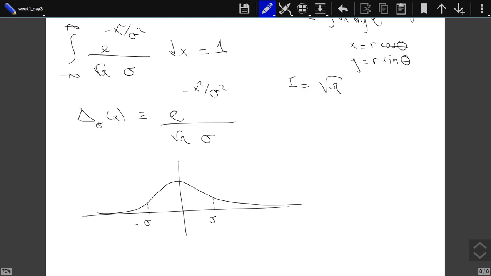And the area below this curve is always 1, whatever the value of sigma is. So if you make sigma smaller, and the maximum value over here is 1 over square root of pi times sigma, it will become narrower, but higher. So this is a larger value of sigma.